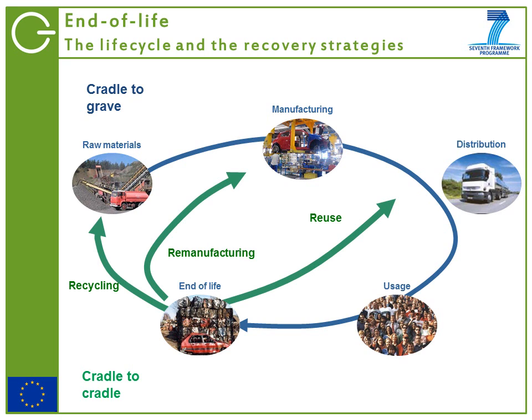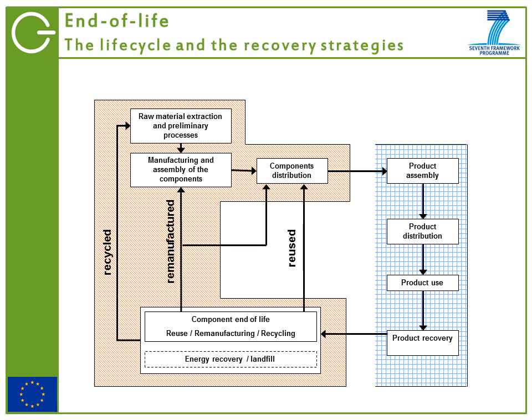The most common strategy is recycling. Recycling is about recovering the material content of a product and using it as a substitute for raw material in the first life cycle stage of another product. This is an efficient strategy, but to be more environmentally efficient, two further strategies are worth considering: reuse and remanufacturing.